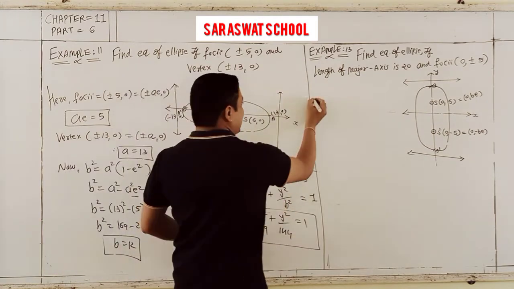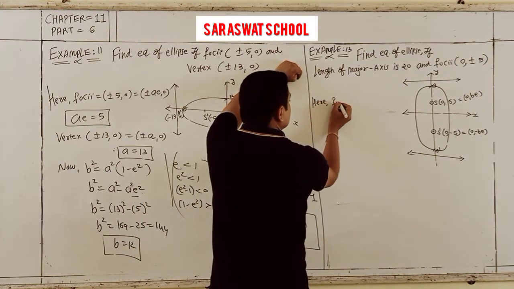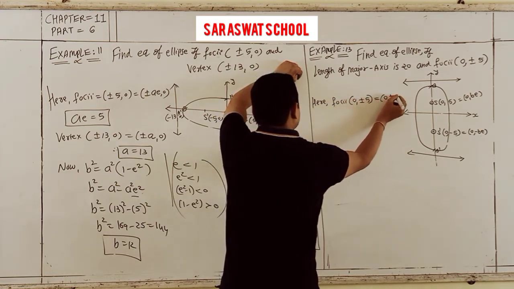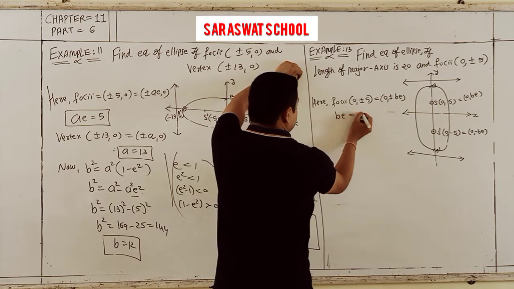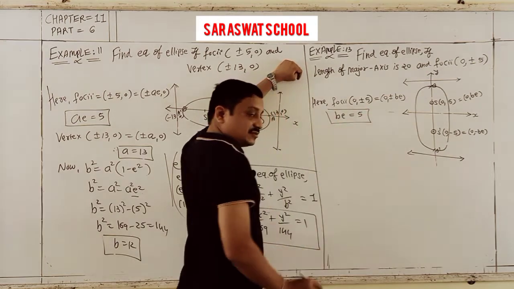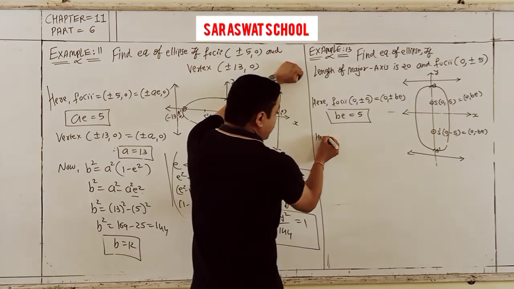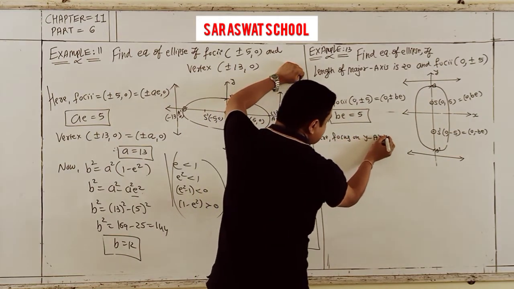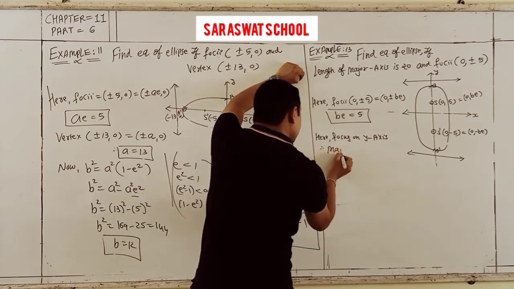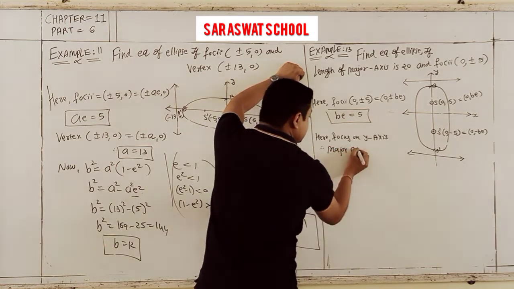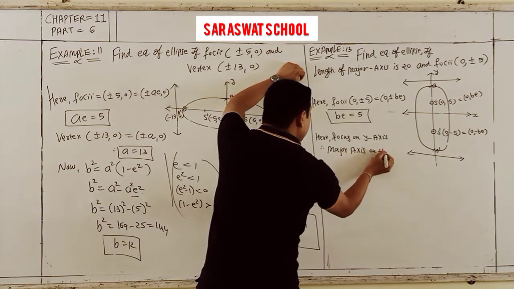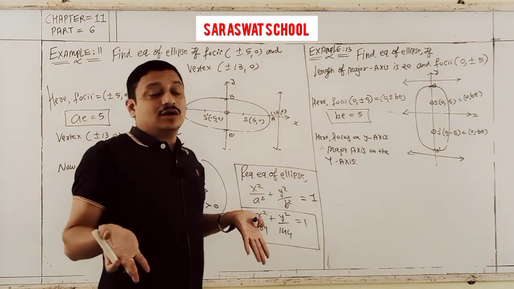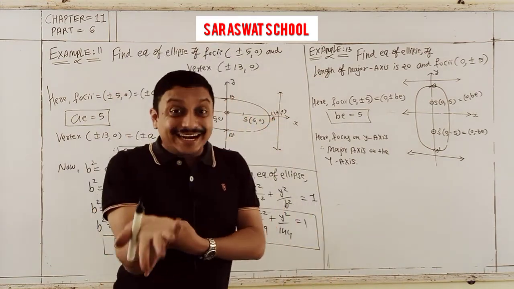First of all, I write down the foci (0, ±b), where b is equal to 5, the first equation, and mention that the foci are on the y-axis, therefore the major axis is on the y-axis, because the foci lie along the major axis.